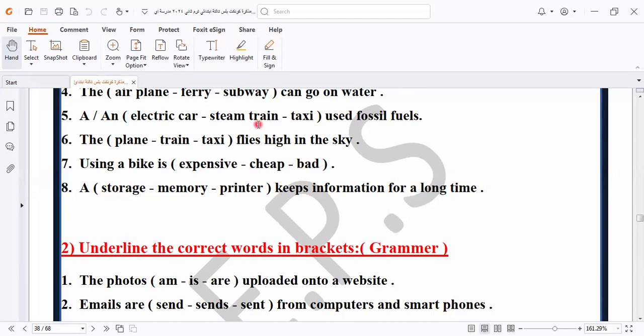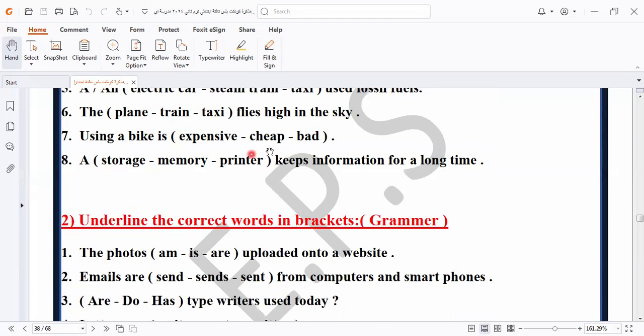Steam train. The plane, train, taxi: which flies high in the sky? The plane. Using a bike is cheap.